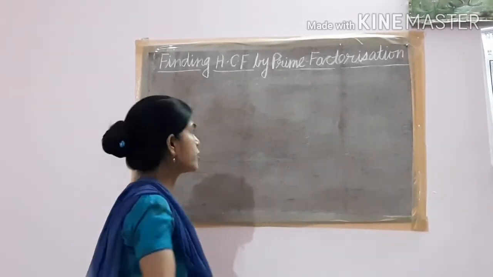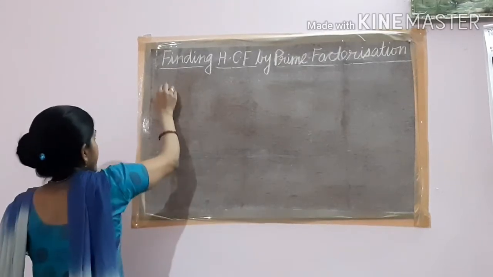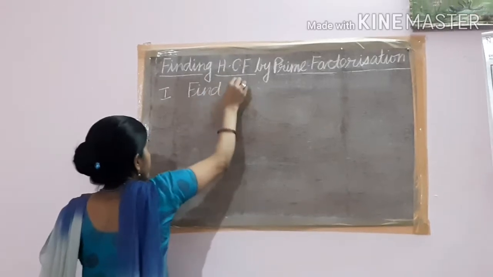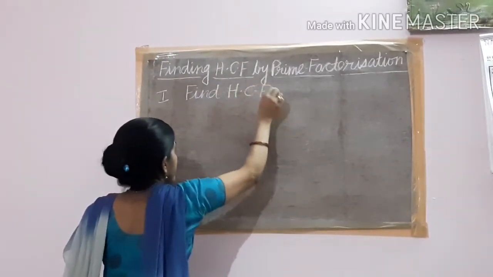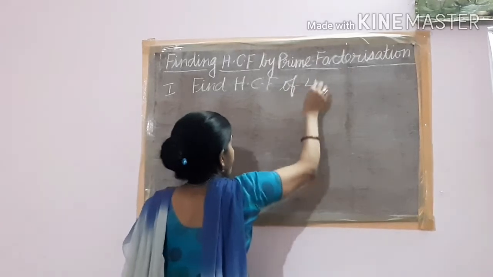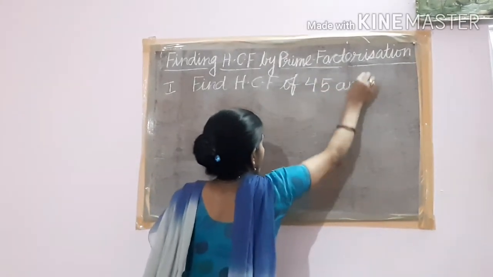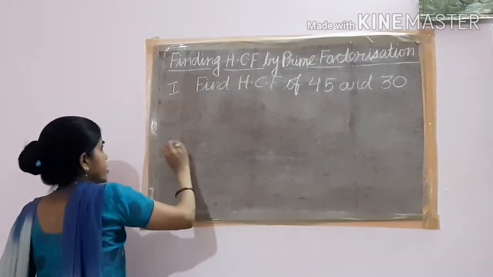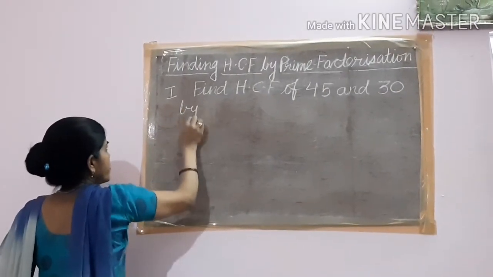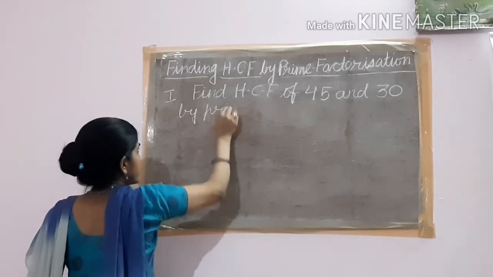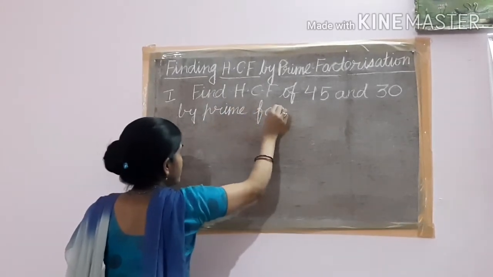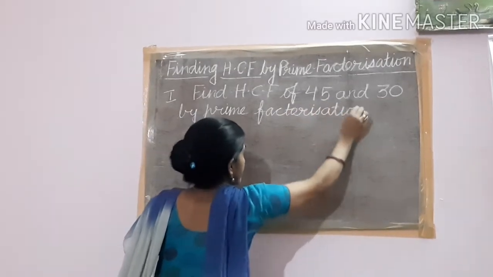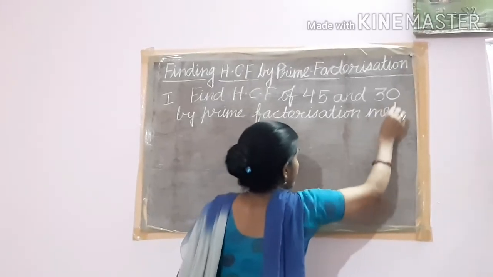Suppose one question is given here: find the HCF of 45 and 30 by the prime factorization method.